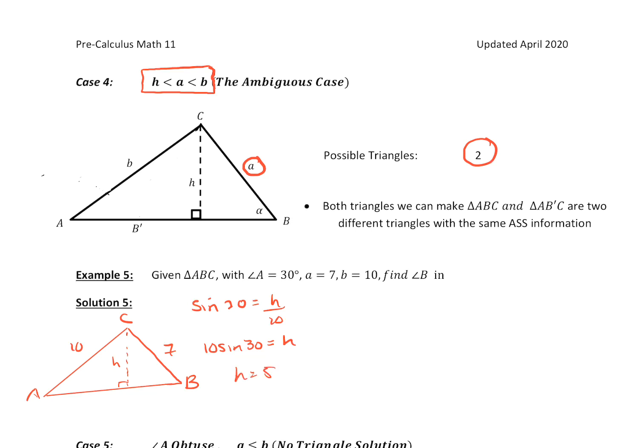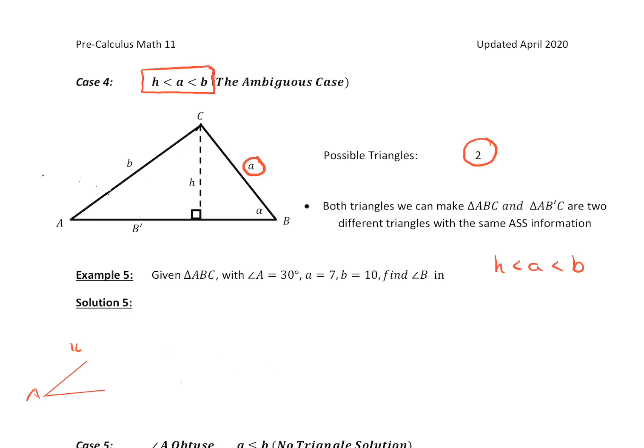Okay, so now you have a case where A is greater than h, but less than B. You're going to have two triangles that get created. And what are those two triangles? I'm going to erase what I had, because I found the height. Why two triangles? Two triangles because of the swing.